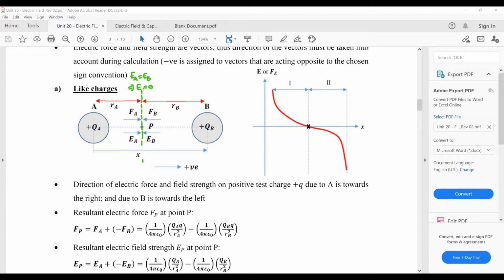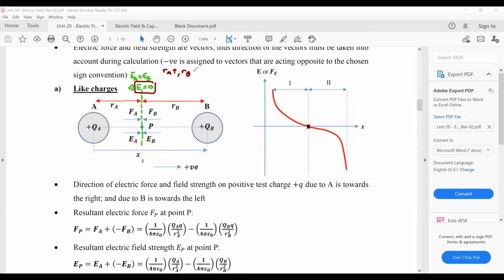If I go a bit towards the right a little, I go towards the right of the point where E is 0, you will have a case where you have a net field strength. If I go more towards this side, what you could see is this. If I go more towards this side, my RA is considered to have increased.